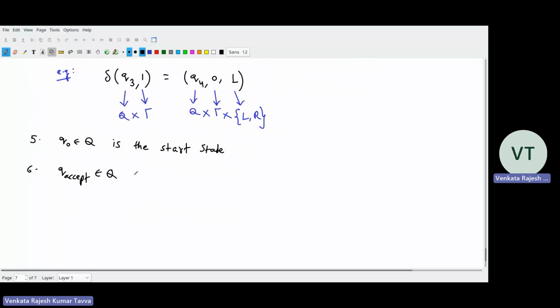So yes, you will have epsilon transitions when necessary. This is the reject state.